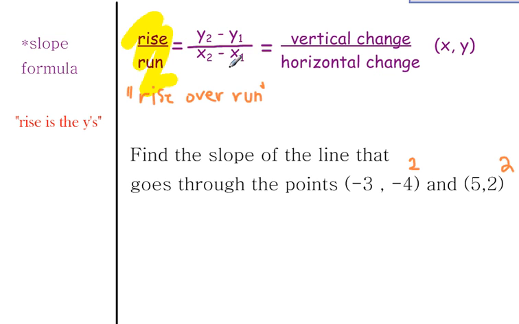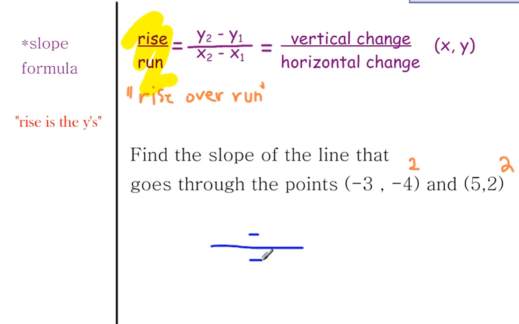Now, this formula looks really scary. It's got this subscript 2, subscript 1, y2 minus y1 divided by x2 minus x1. It really looks kind of scary, but it's pretty easy to use. Here's what we're going to do. It's going to be a fraction line. Like we said, slope is a fraction. And the subtraction sign on the top and bottom, all right, that's pretty easy.